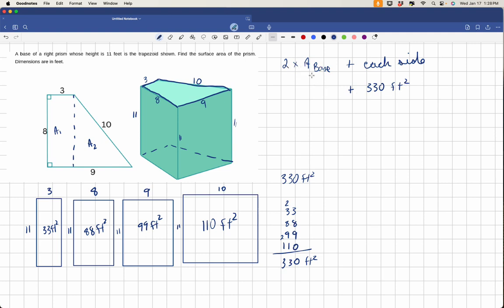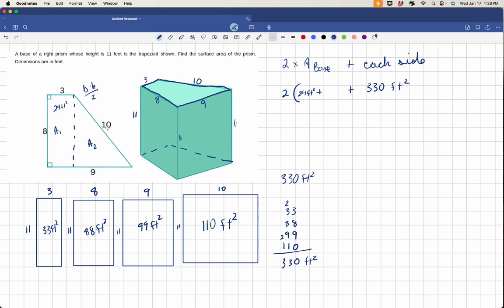Now 2 times the area of the base would be 2 times, and we're going to find the area of area 1. That's 3 times 8, which is 24 feet squared. Plus you've got the area of this triangle, which we know is base times height divided by 2 because it's a triangle.